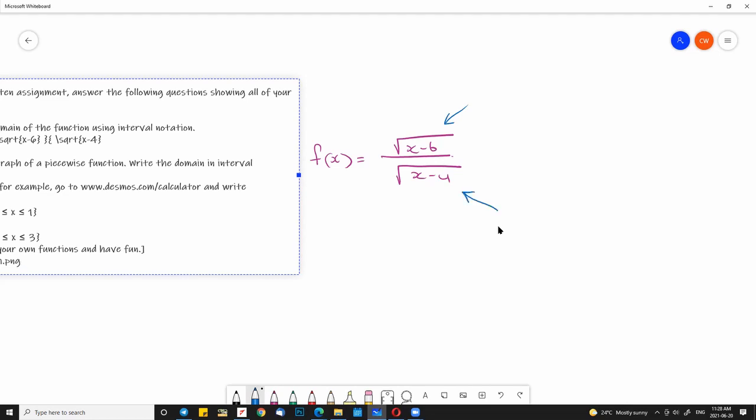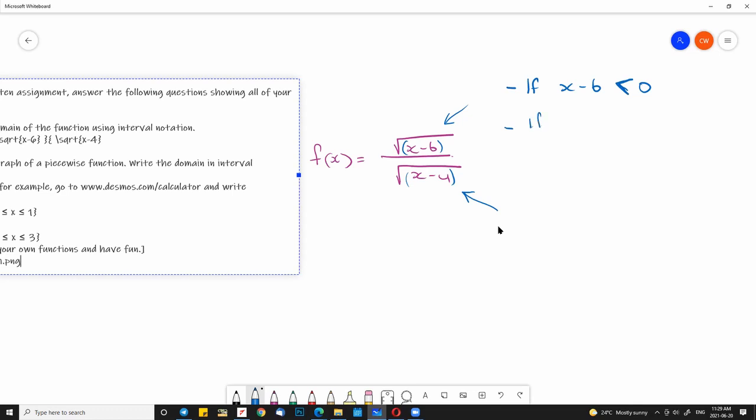And what we know about square roots, if this bit is negative, then the square root of it is an imaginary number. It's not a real number, right? So we have to keep the bit under here non-negative, okay? So we know if x minus 6 is less than 0, then f of x fails, right?